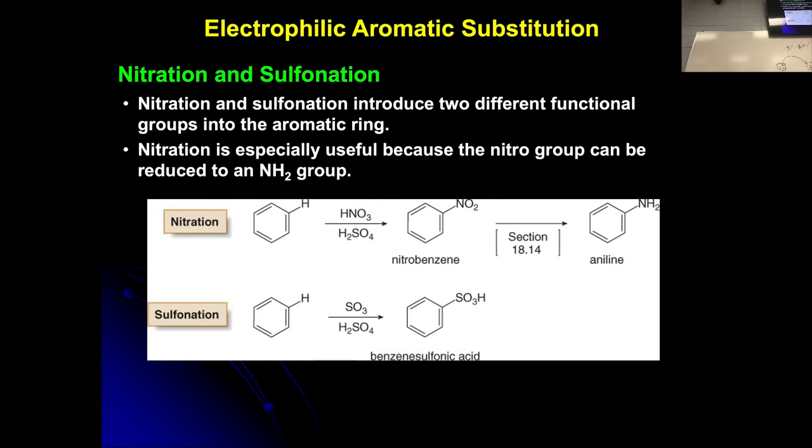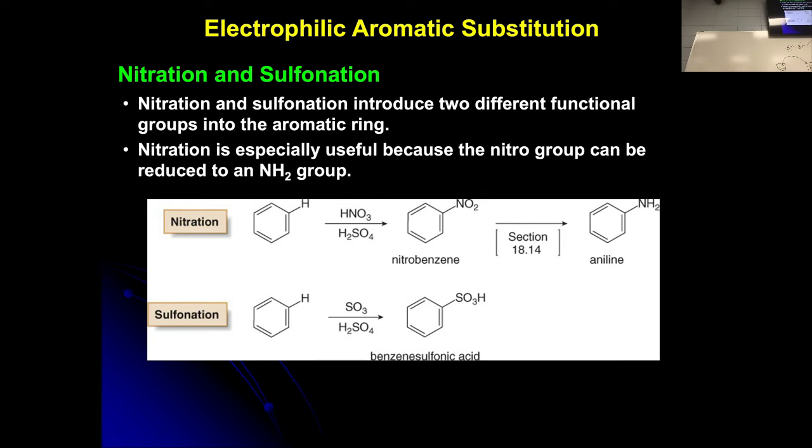That's right. So what they do is they take toluene. They take nitric acid, HNO3. They take sulfuric acid. And ultimately they get trinitrotoluene. They do the reaction 3 times.